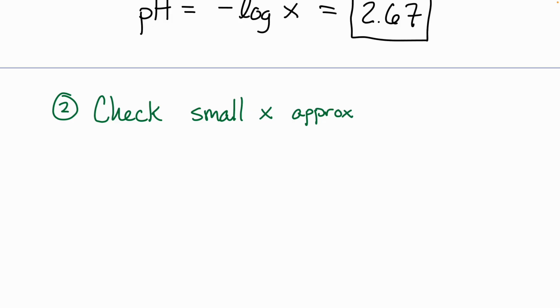All right? Your small x approximation is valid if the percent ionization is less than 5.